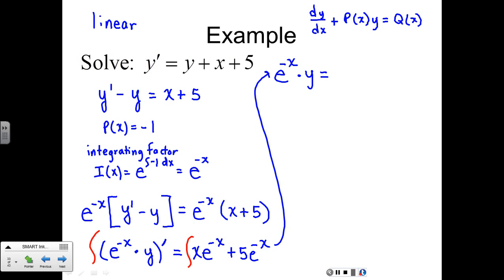That's easy. And so the u would be my x, right? So du would be, what's the derivative of x? 1 dx. And v, what would the integral of e to the minus x be?